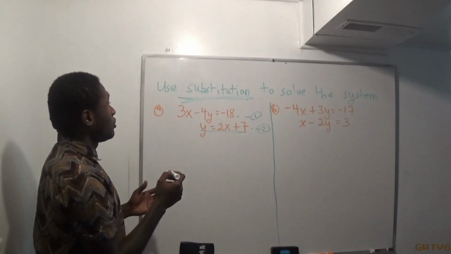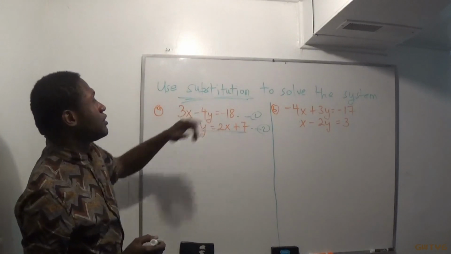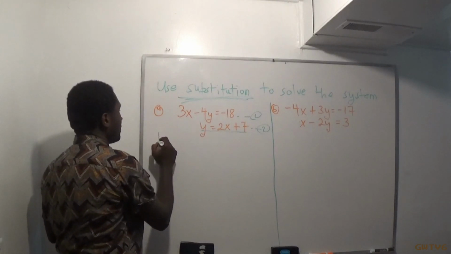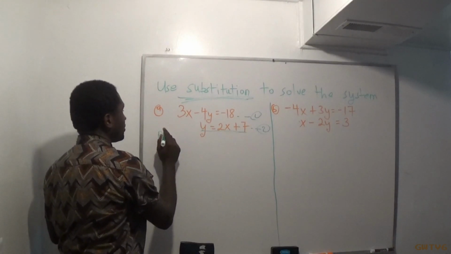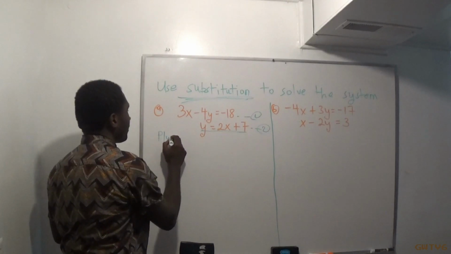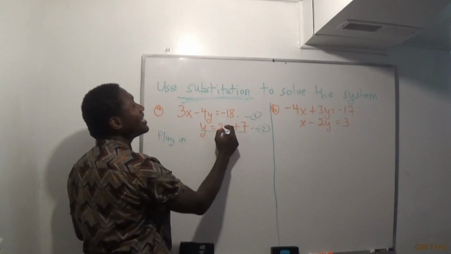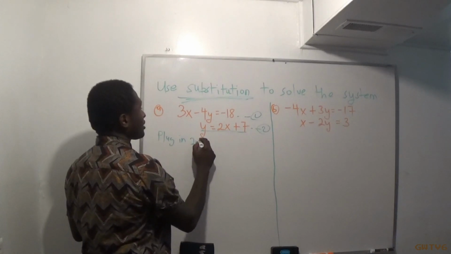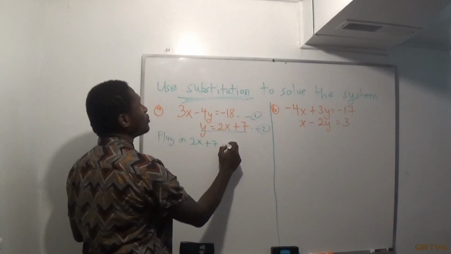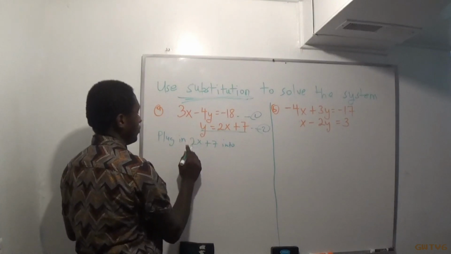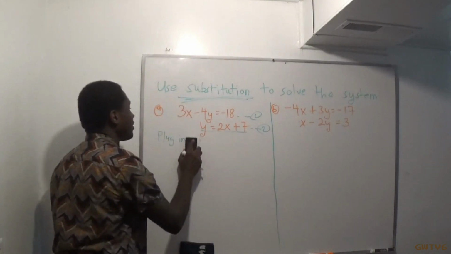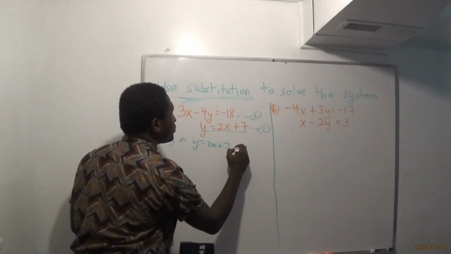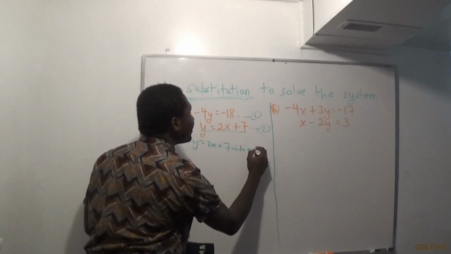So what I'm going to do now, since I'm using the substitution method, is plug in, since y is equal to this, the 2x plus 7 right there, y equals 2x plus 7, into equation number 1.